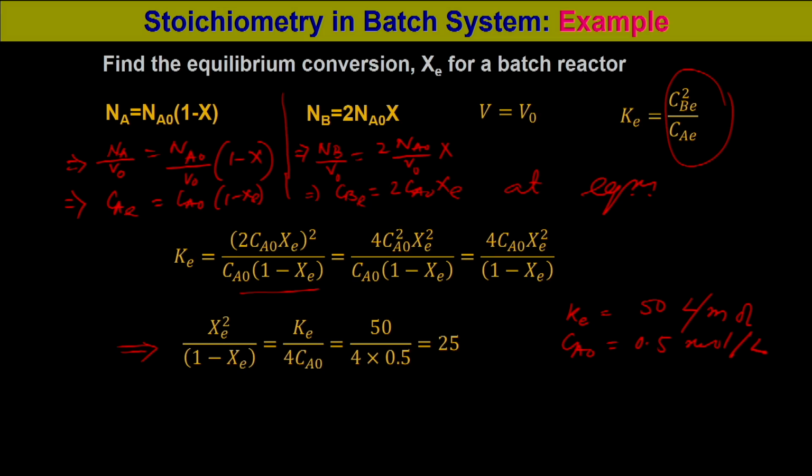So if we substitute over here, this would be 50 divided by 4 into 0.5. So this would be 25.